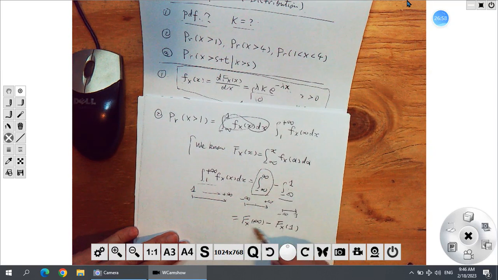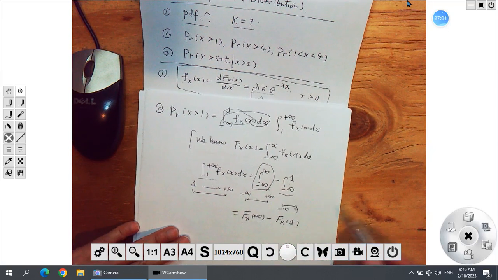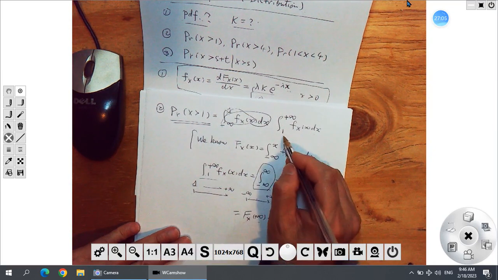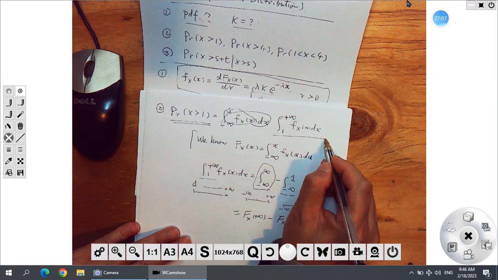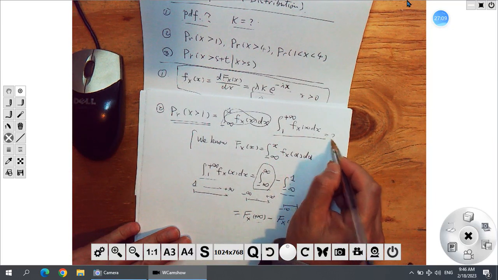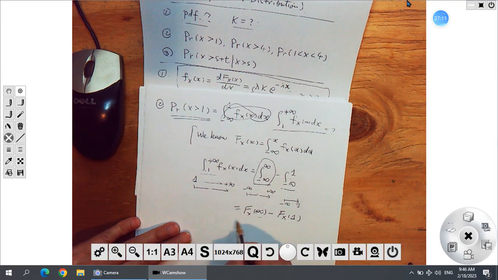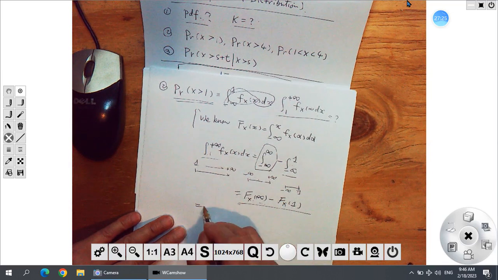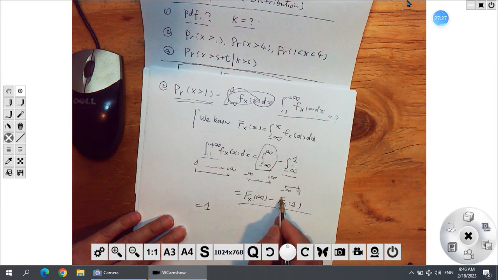Now to calculate this one, you have two methods. One is to calculate the integral directly. The other way is, because we know the CDF, we can use the CDF, this one minus this one. So F_X at infinity should be 1, and minus F_X at 1.